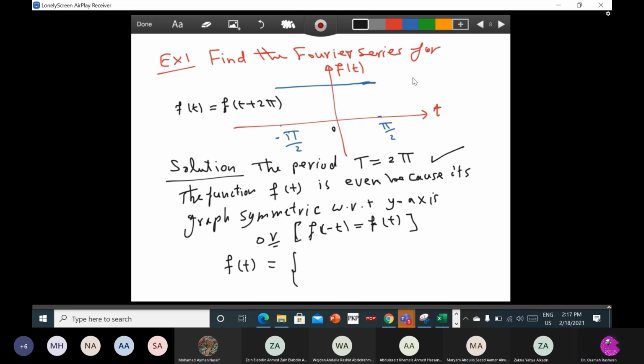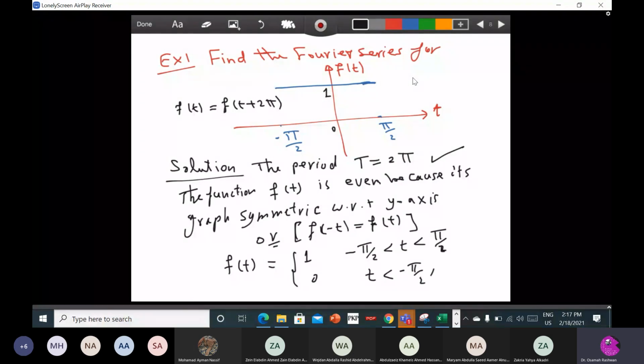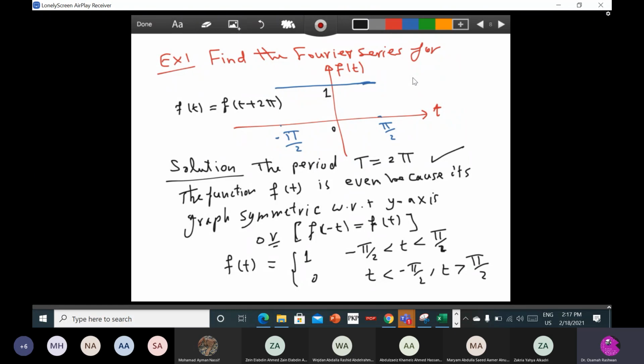It is equal to 1 from the value minus pi over 2 to the value pi over 2, and it is 0 otherwise, when t is less than minus pi over 2 and t is greater than pi over 2. So I'm only integrating from minus pi over 2 to pi over 2.